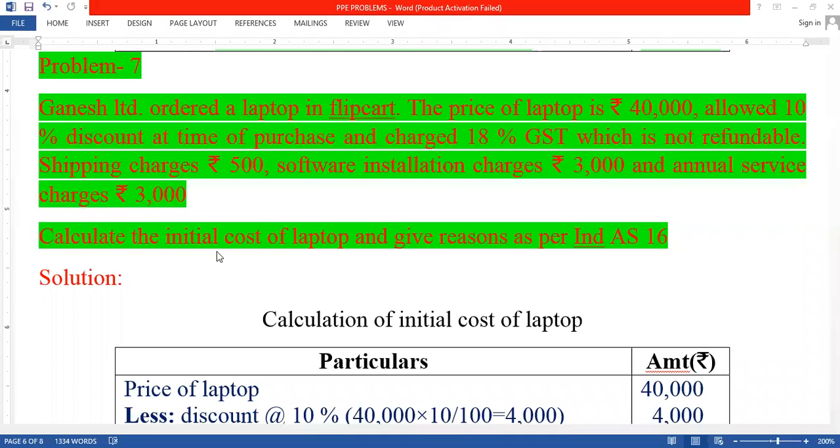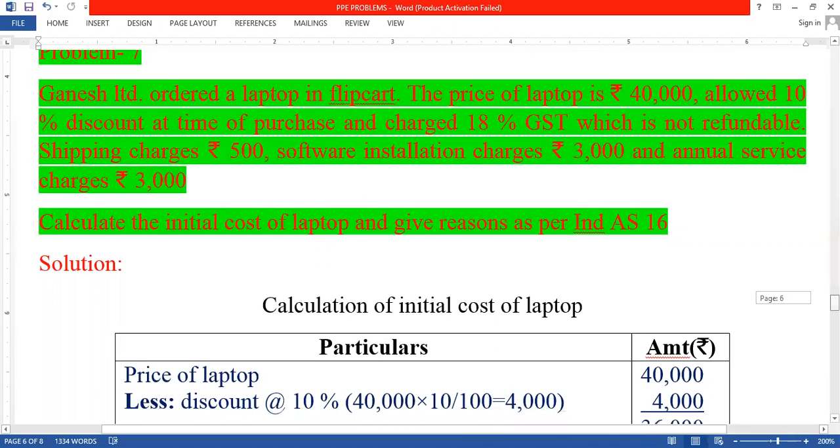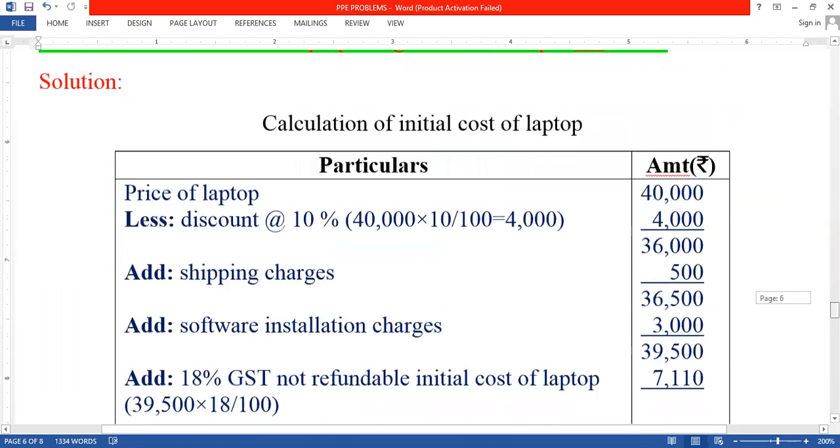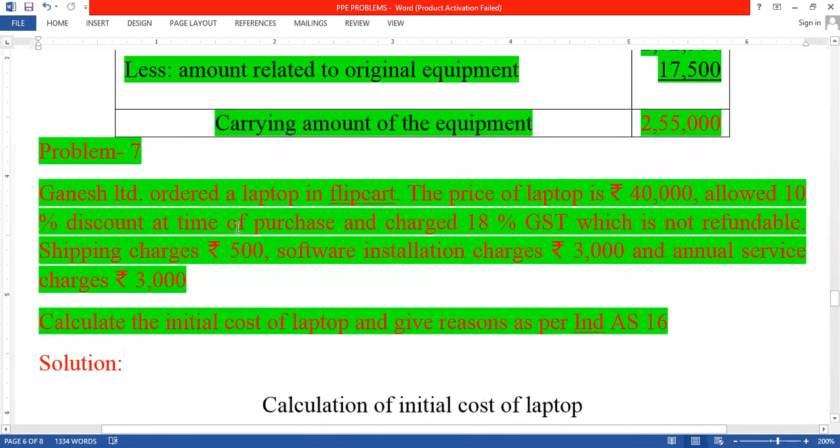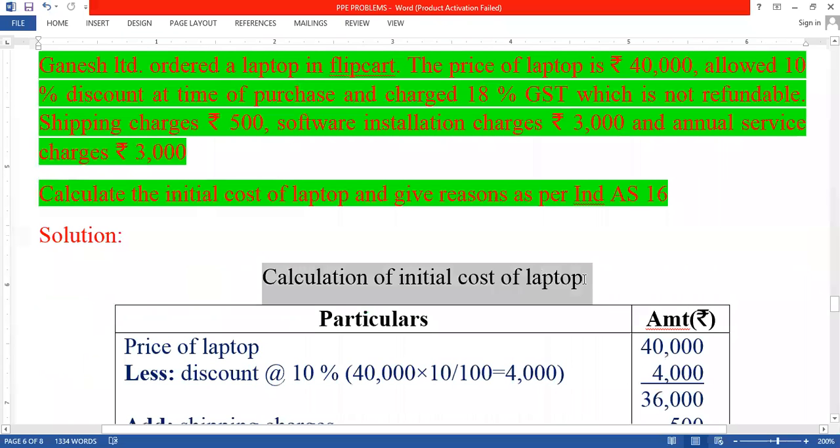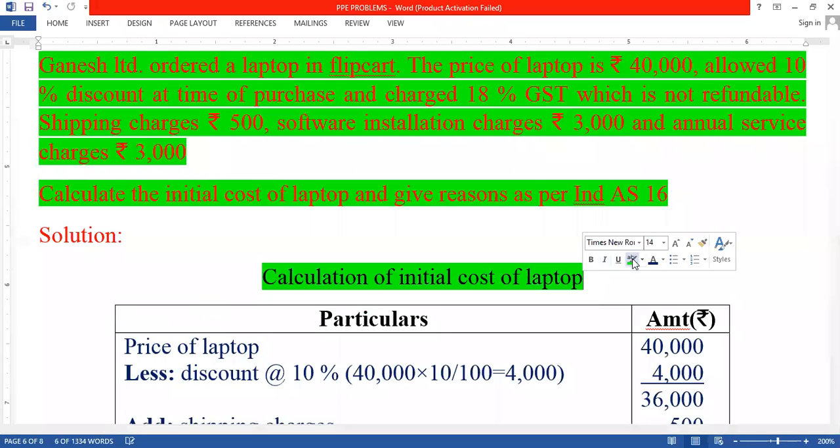So calculate the initial cost of the laptop and give reasons as per Indian Accounting Standard 16. Ganesh Limited ordered a laptop, so the asset here is the laptop. The base price or the quoted price of the asset is 40,000.